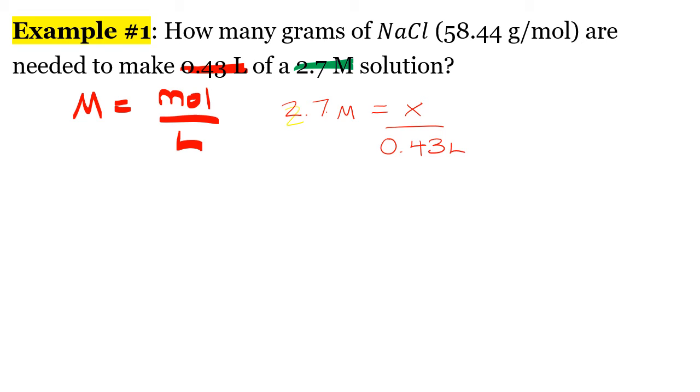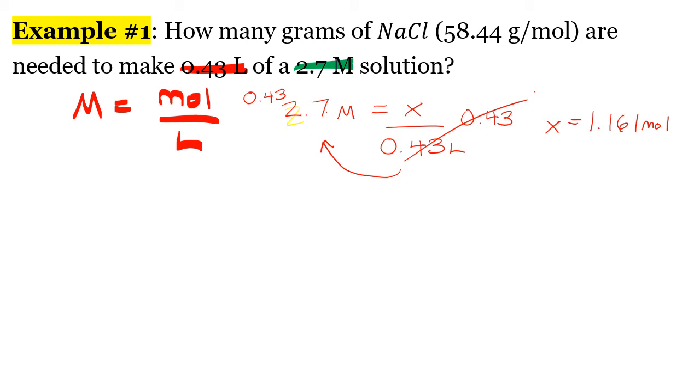Okay, so in this case, we do not know the moles. All right, we can do a little manipulation here. So I'm going to multiply both sides by 0.43. And that'll cancel out. And we will get X is equal to 1.161 moles.